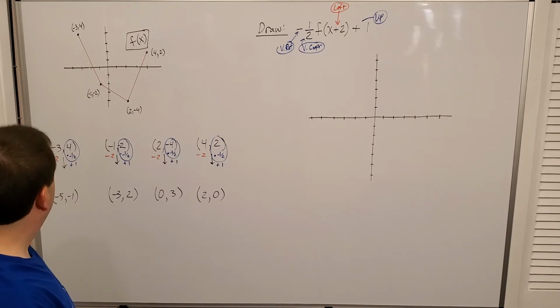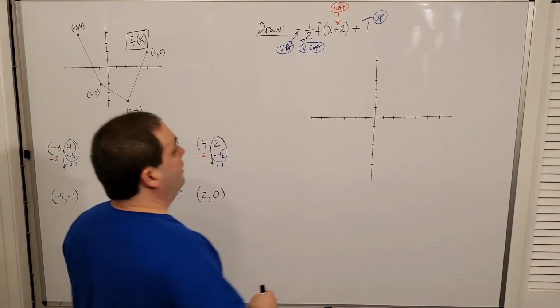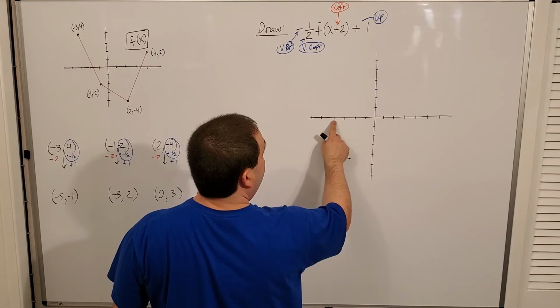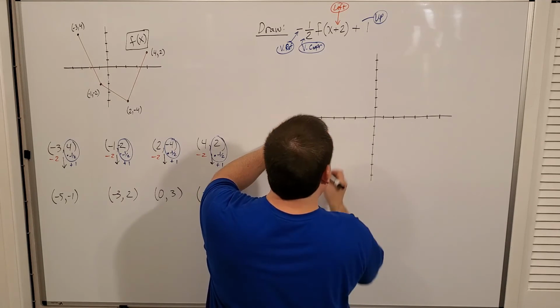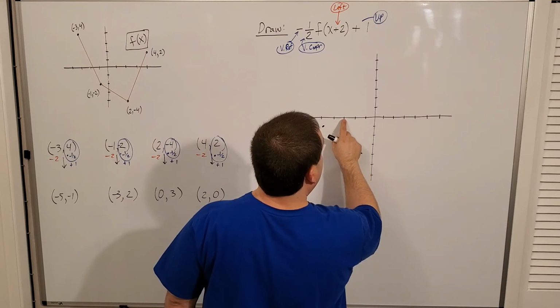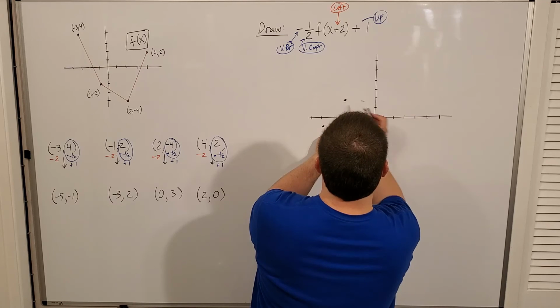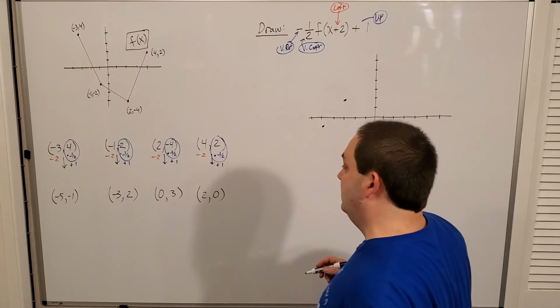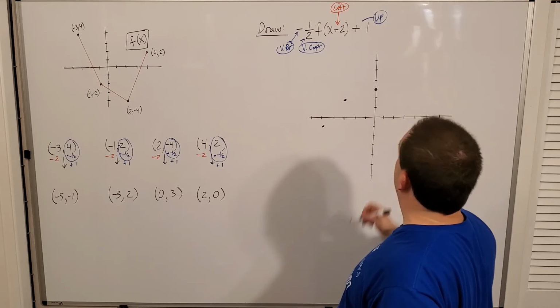Okie dokie. So let's get these in. Negative 5, negative 1. That'd be here-ish. Okay. Negative 3 and 2. That's right here. 0, 3 is here.